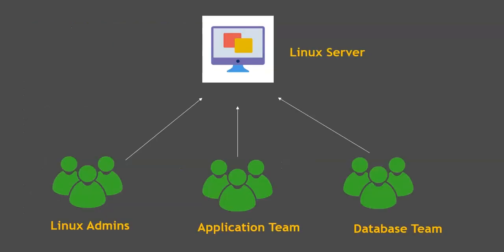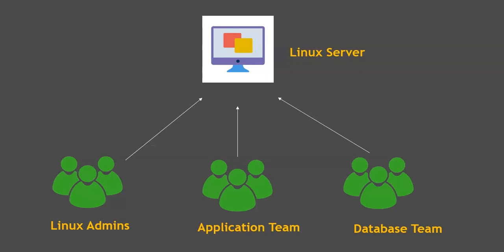If you see this diagram, there is one Linux machine which may be running some applications, or it may run a database. By default, whenever we install a Linux operating system, we get a root account as an administrator account. Apart from that, we don't see any user accounts. This Linux machine needs to be accessed by the Linux team.